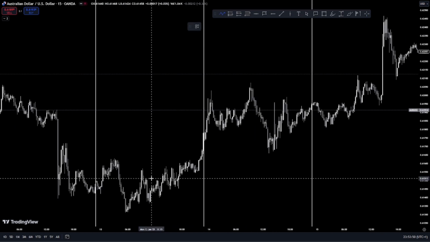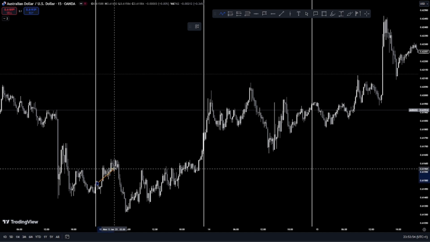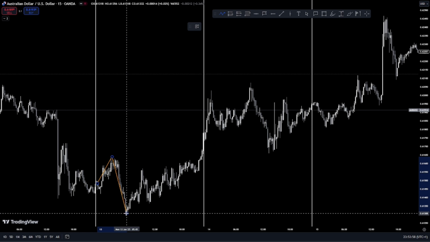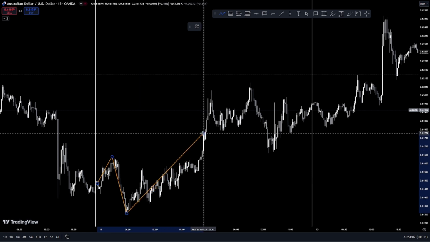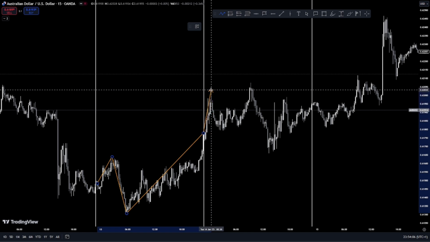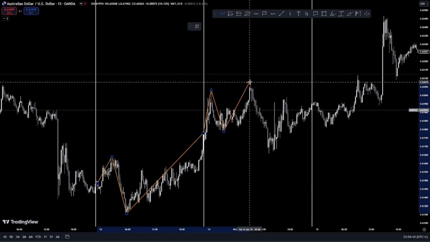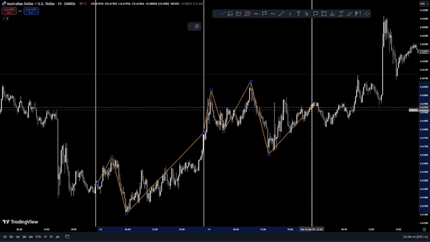So for today, let's start from here again. Price opened here. Okay, created a high, a low, and then closed here. I think it closed here. When it closed here, the next candle opened and then created a high, created a low, created another high, created another low here, and then what happened?